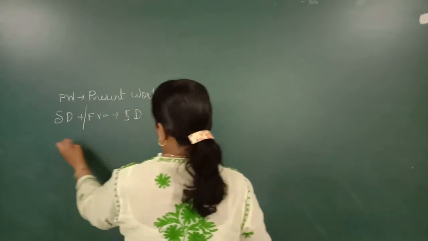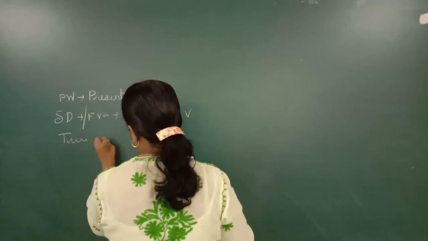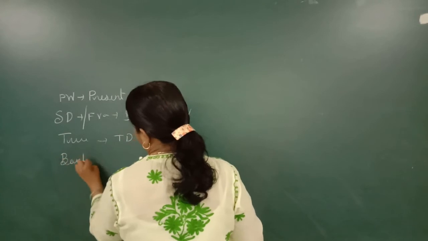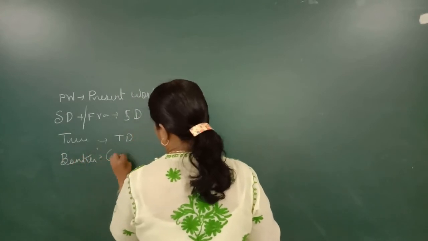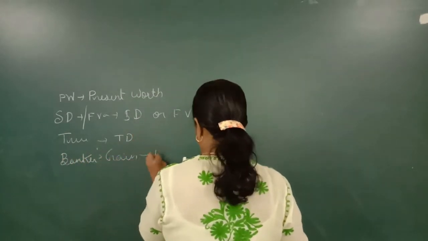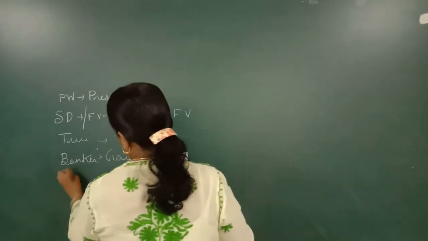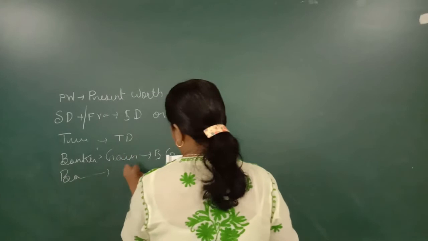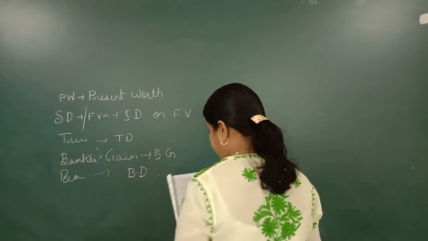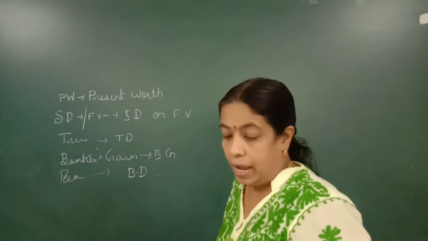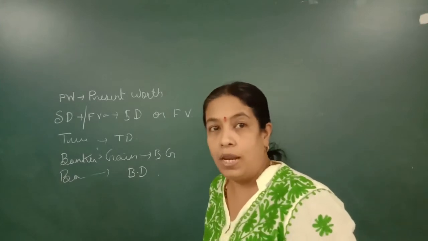Okay. True discount, T. Bankers gain. It is denoted by B.G. Bankers discount. It is denoted by B.D. Now period is denoted by N as we know, and rate of interest by small r.